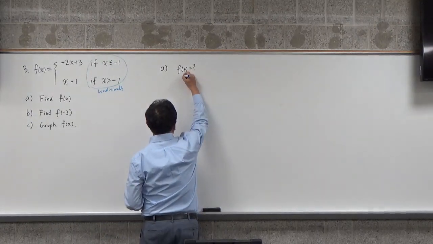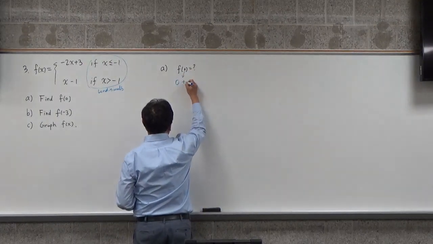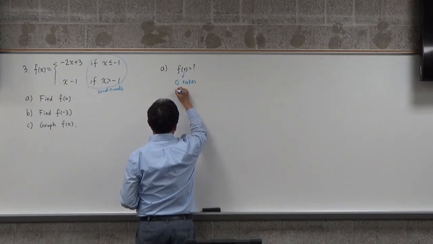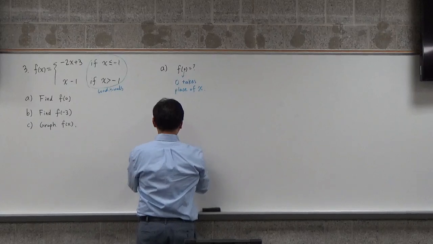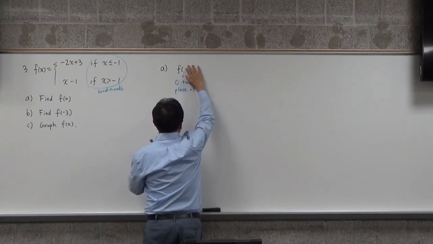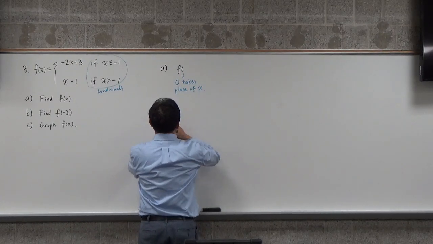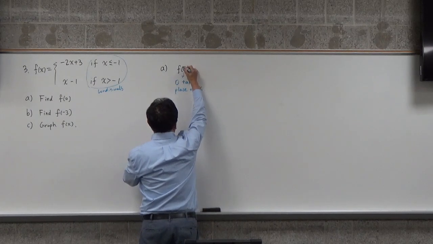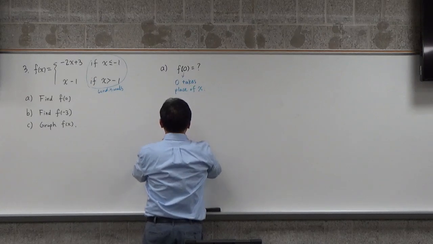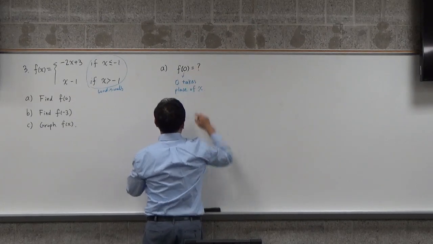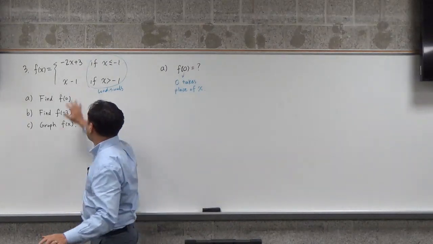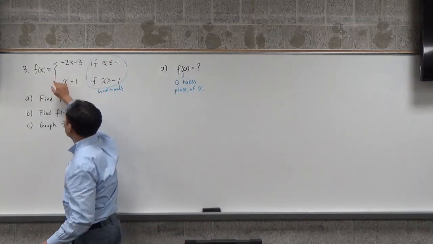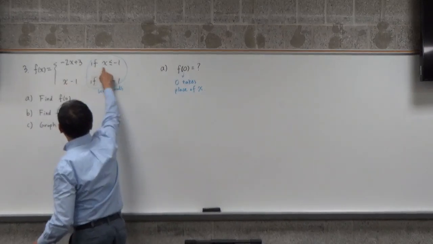This right here means 0 takes the place of x. Maybe I should write this bigger. f of 0, 0 takes the place of x. Okay? And therefore, in every x on the right side, you should be replacing x by 0.